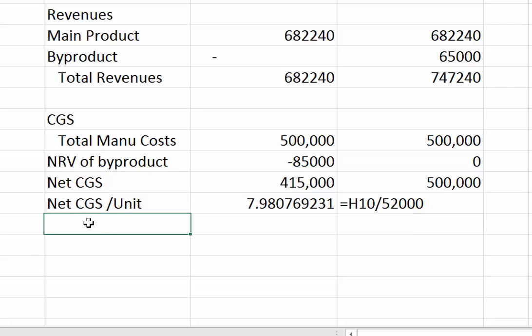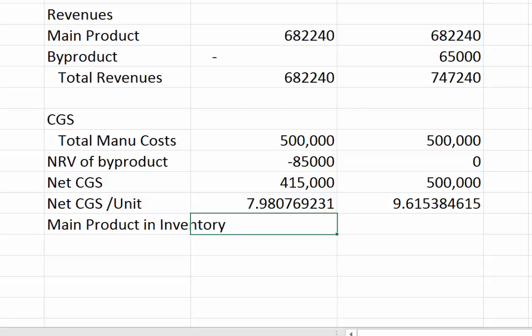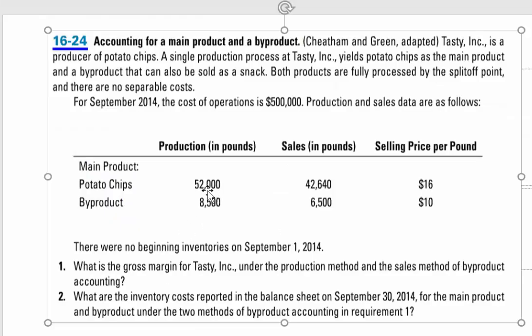Now because of this, I can find the main product left in any inventory, because once I can find that, I can go ahead and find the rest. The question has given the information already. So we have 52,000 minus 42,640 to give you the inventory for this main product, potato chips.